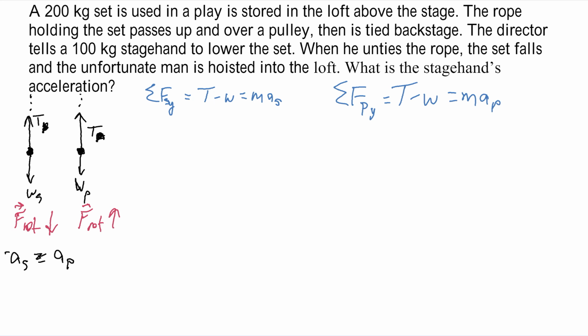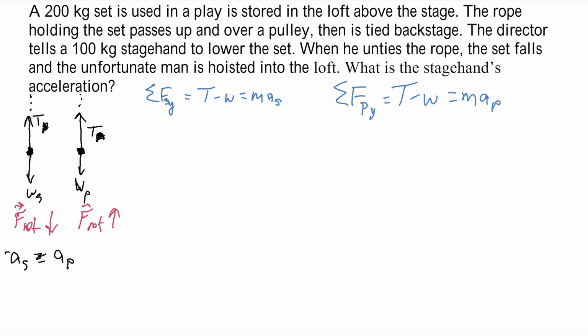And we said that acceleration will be positive because this person's going up. Now, acceleration for the set is the same magnitude as acceleration for the person. So the a itself, does it need the subscript? No, it doesn't. But the sign needs to be fixed, okay?